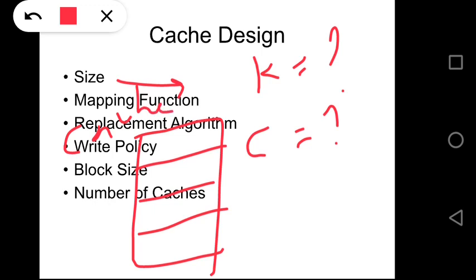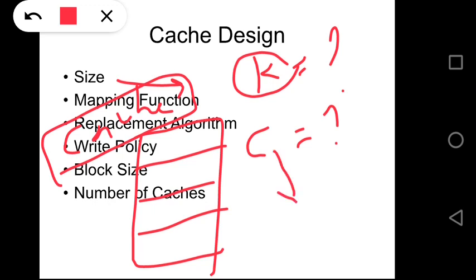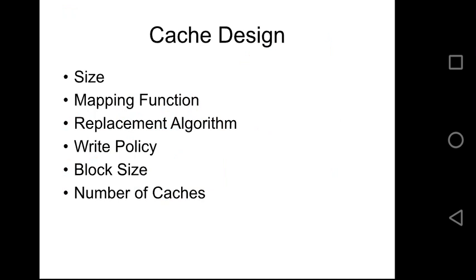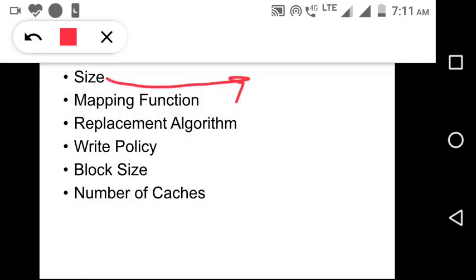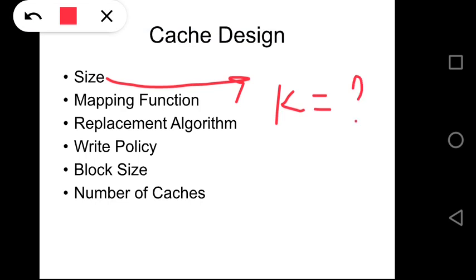I think you decide k based on the size of cache, and you can calculate C indirectly, so everything depends upon k. So the cache size means, in my opinion, what should be the value of k.